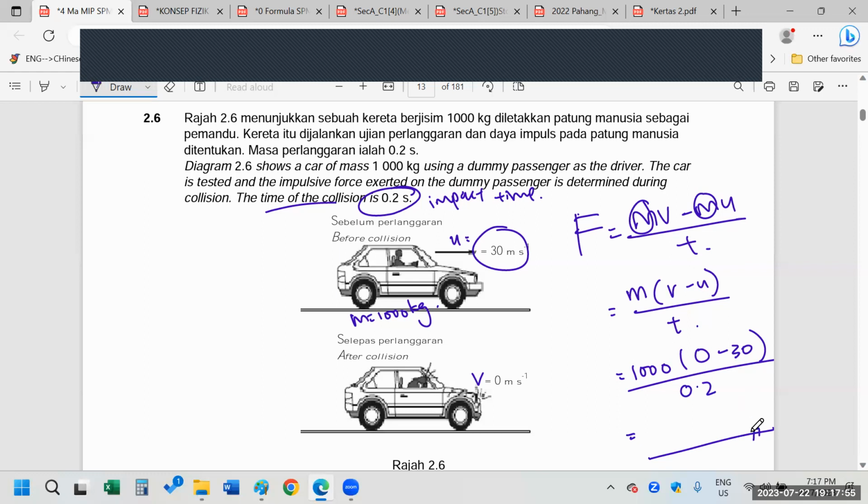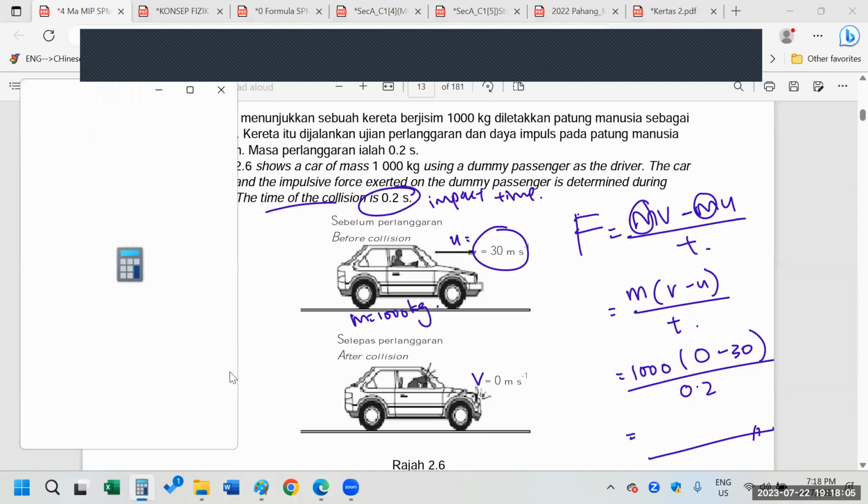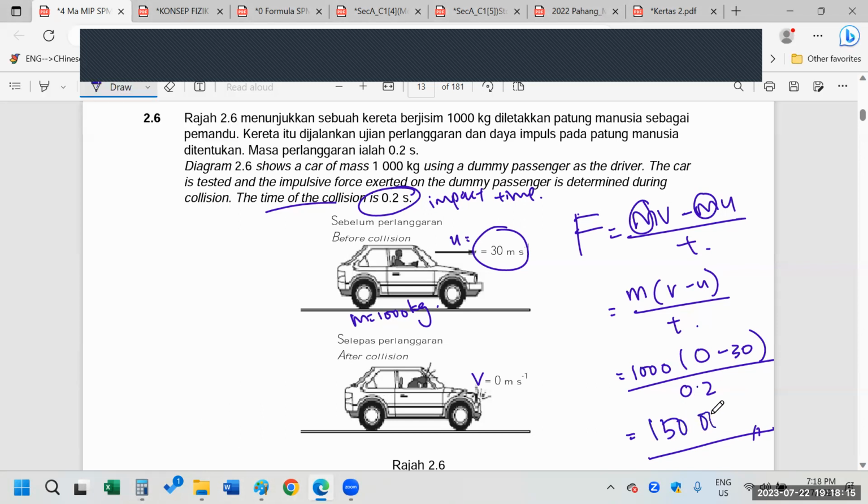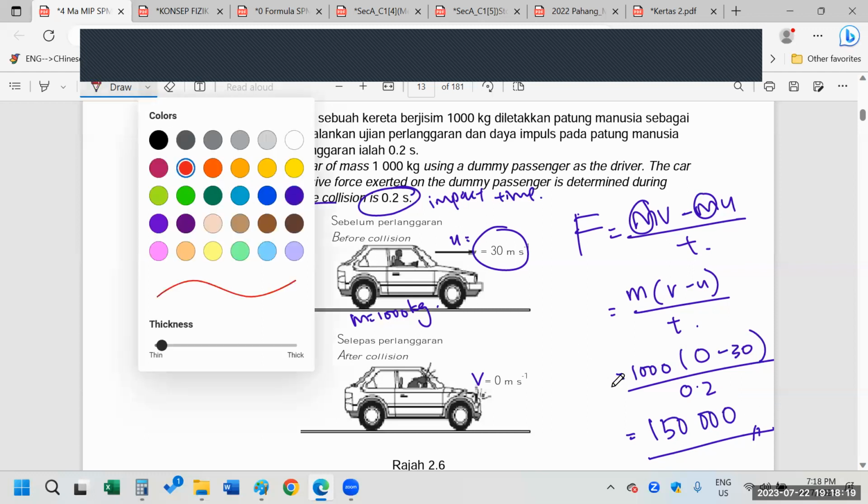May I know what is the unit for this answer? Can I get marks for this answer?